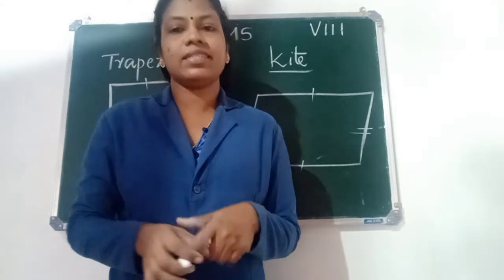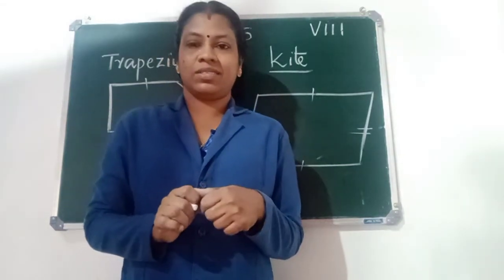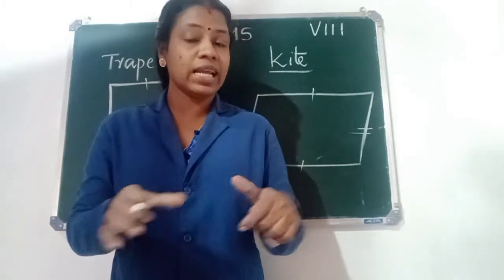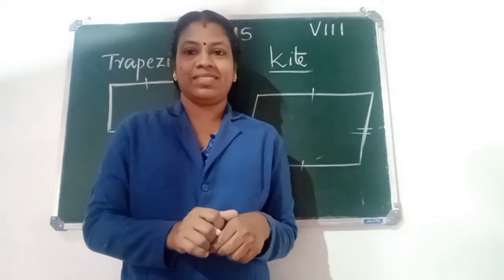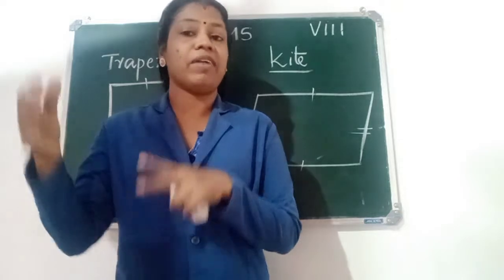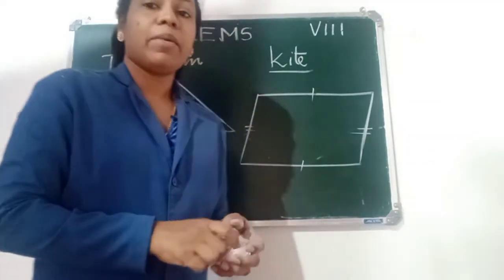Then next is a rhombus. What is a rhombus? Yes. A rhombus is a quadrilateral with all sides having the same length. Okay. That's a rhombus.